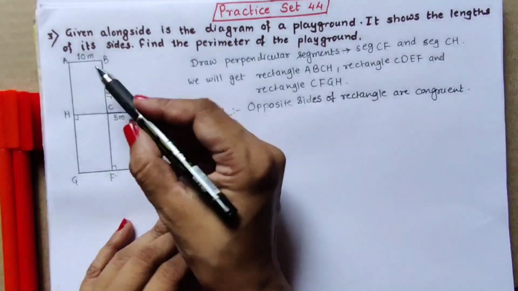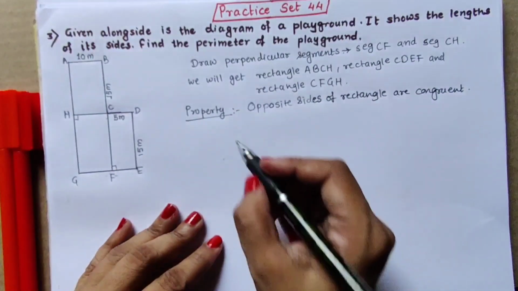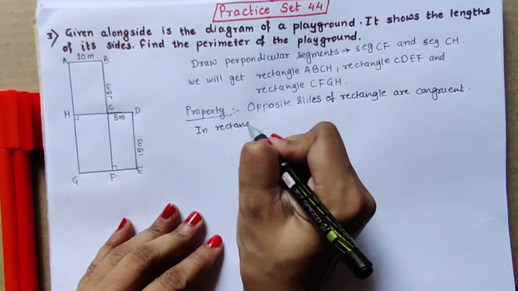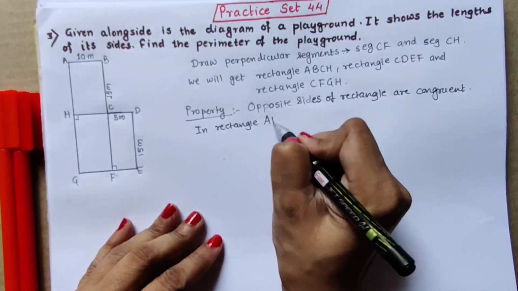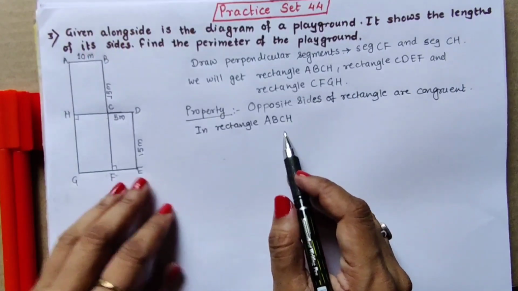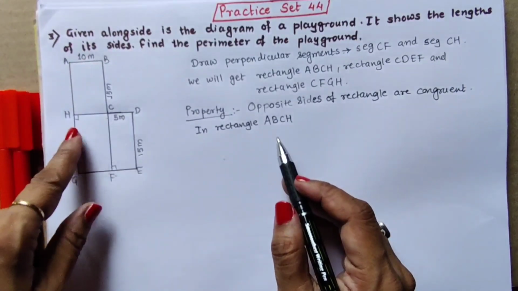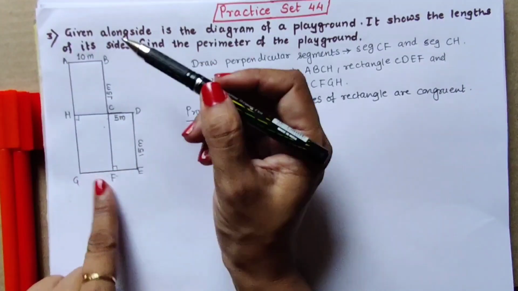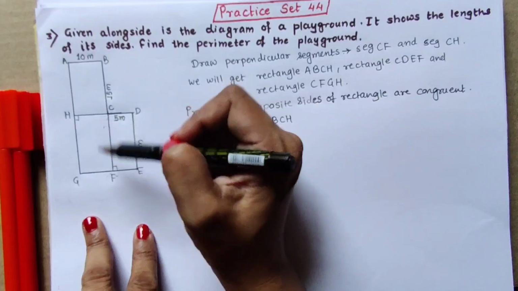First we write from rectangle ABCH. Write the names of opposite sides. Side AB and side CH are congruent. These are opposite sides, but CH we don't require. Yes, we require CH also.